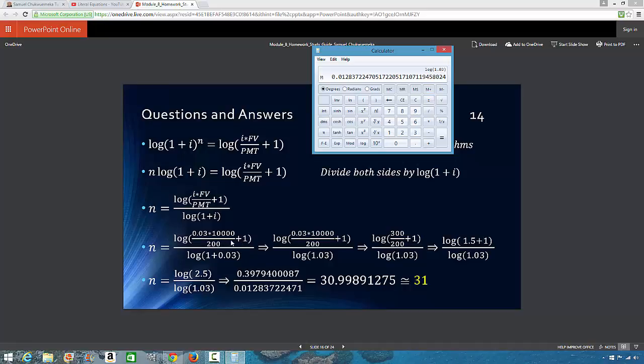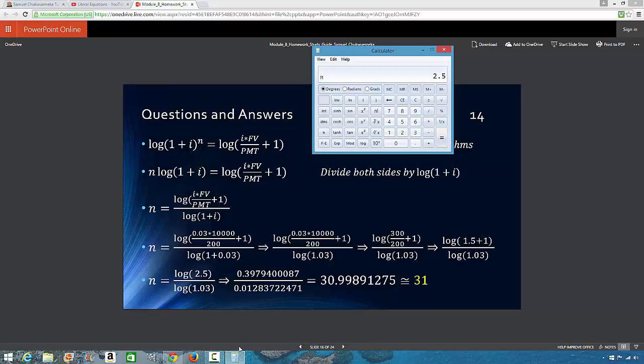Then let me do the numerator. 0.03 times 10,000 equal to, divided by 200 equal to, plus 1 equal to 2.5.